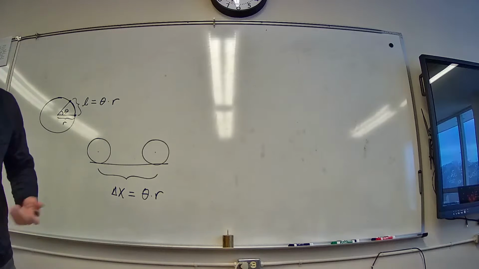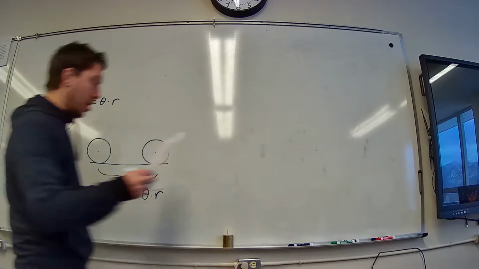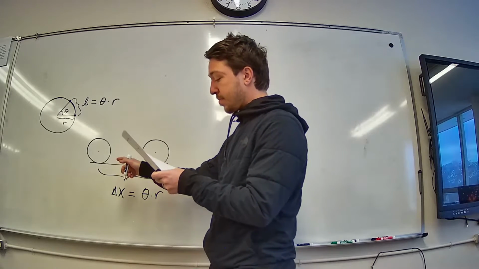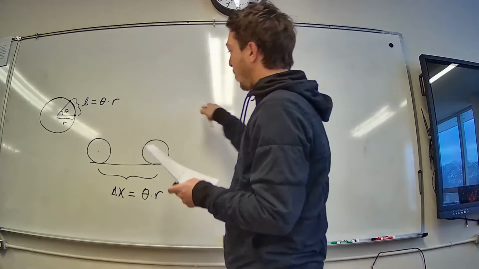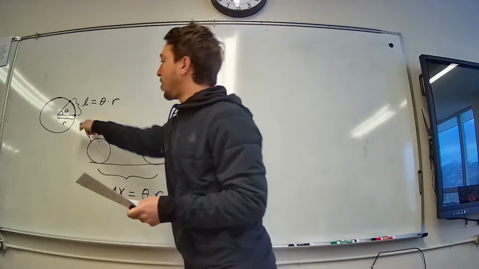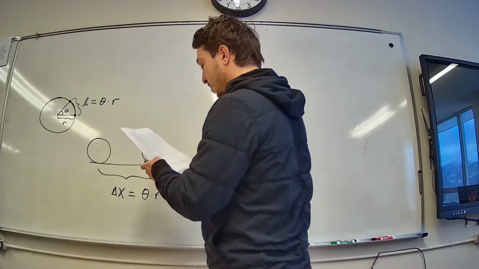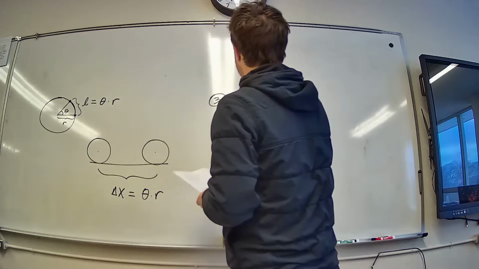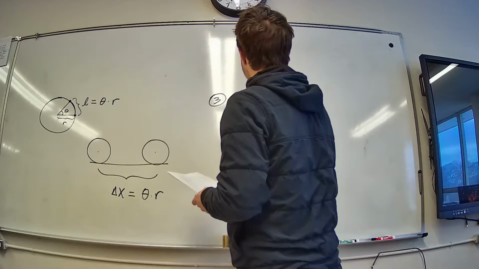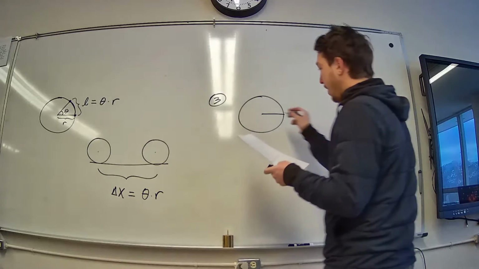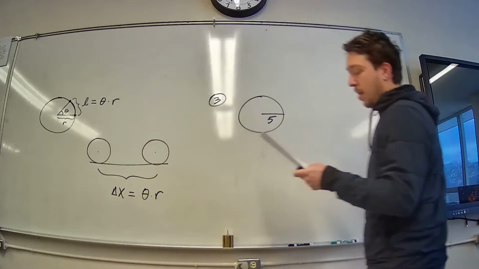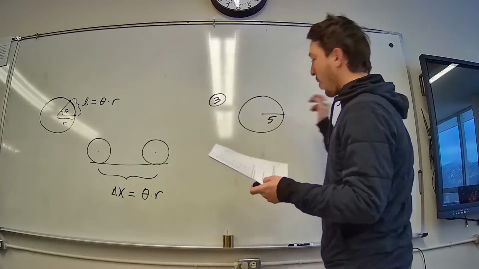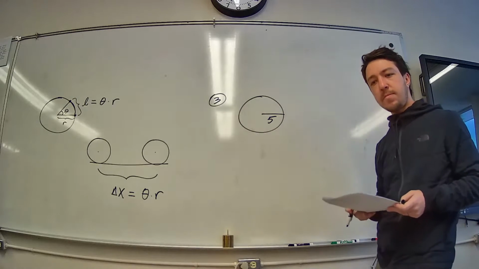Okay, so for number 3, I guess number 3 is actually more of a particle traveling around the circle, whereas 4 is a roly-poly. So for number 3, on my circle here the radius is 5. How many radians would I have to rotate around the circle in order to go 100 meters?